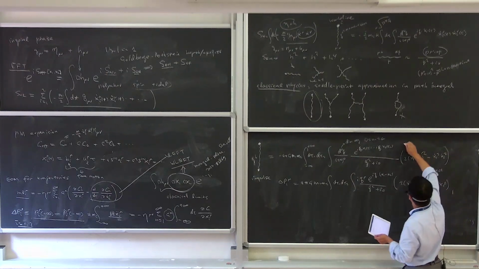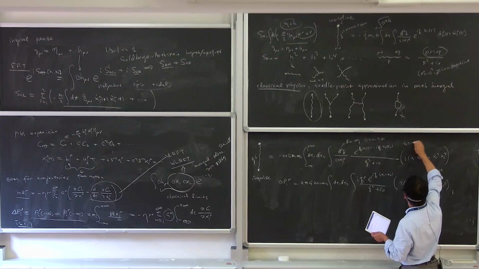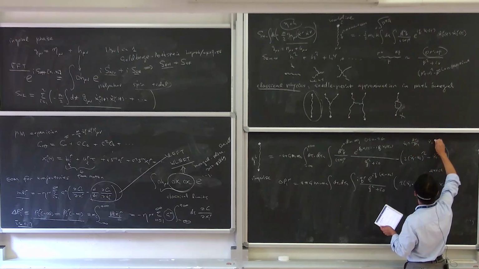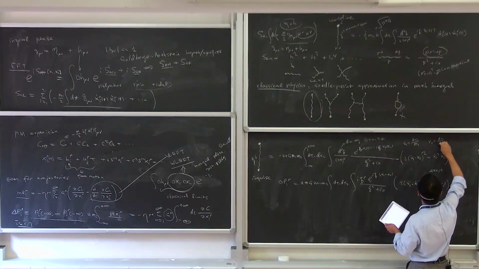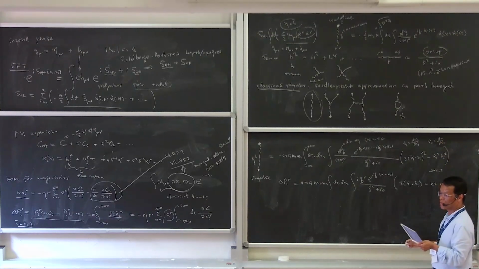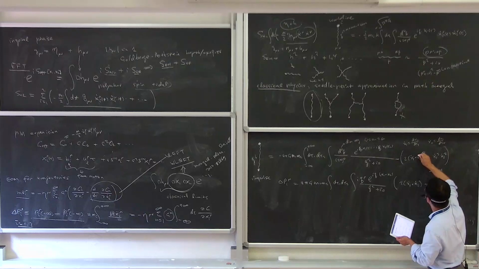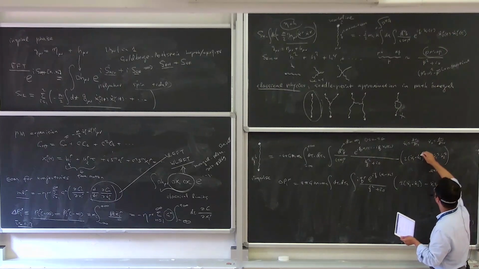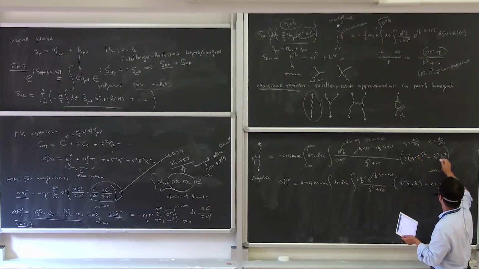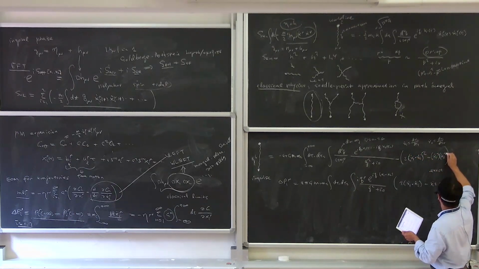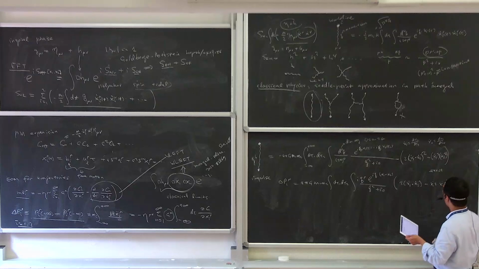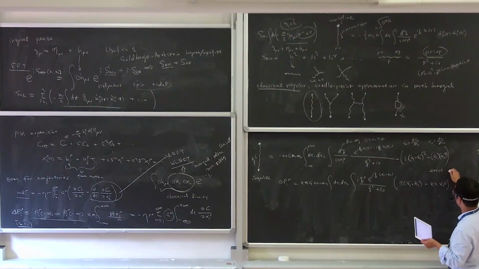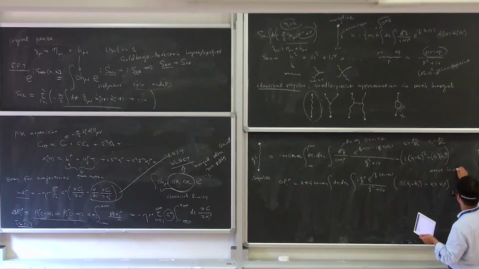I'm sorry. X1 dot is dx1 over d tau 1. X2 dot is dx2 over d tau 2, which is different. Oh, sorry. Yes. Important property: these two formulas are exact in any order.